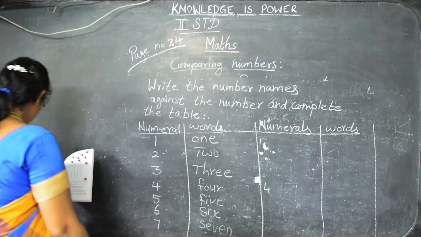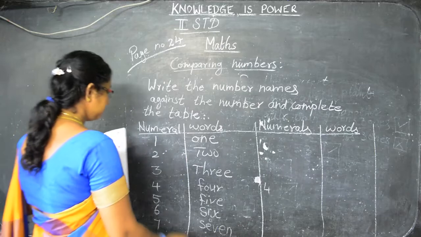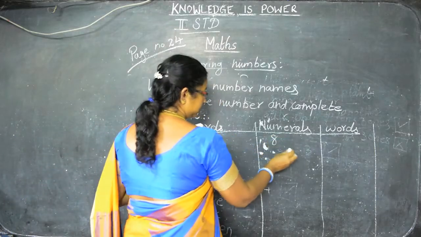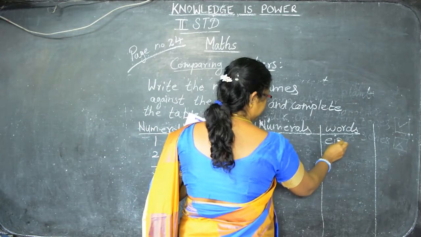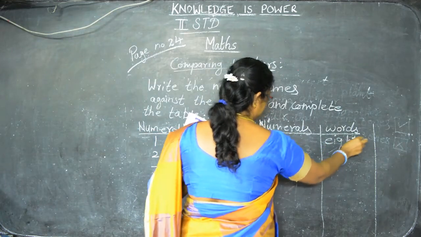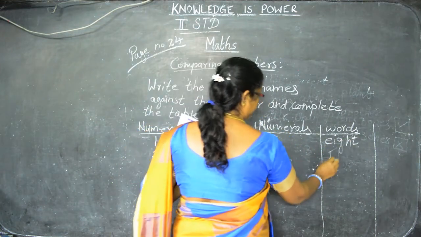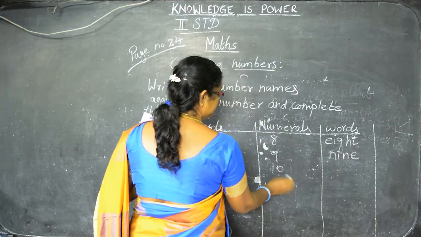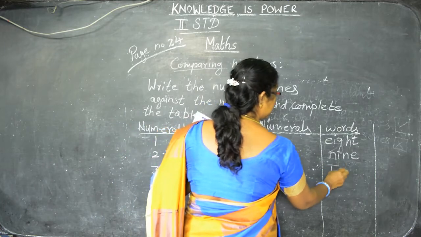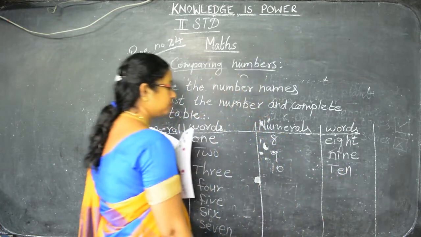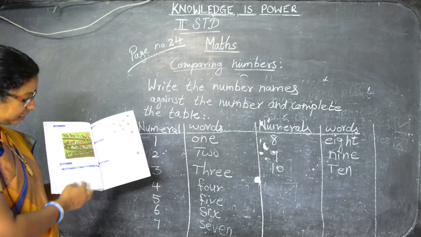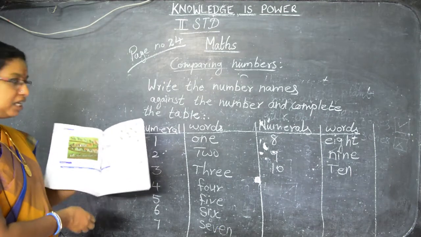S-E-V-E-N. Then 8. E-I-G-H-T. 9. N-I-N-E. 10. T-E-N. Write in the same line and finish it up to 10 in one column itself. Okay.